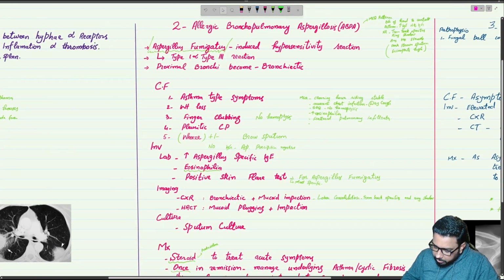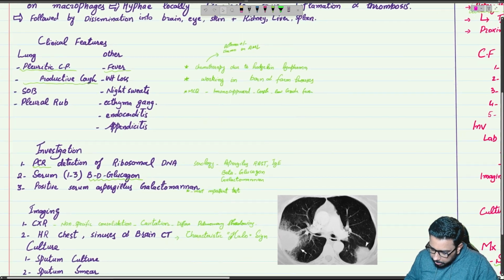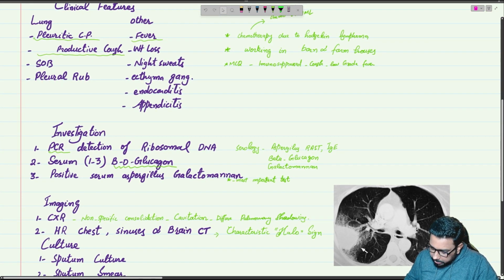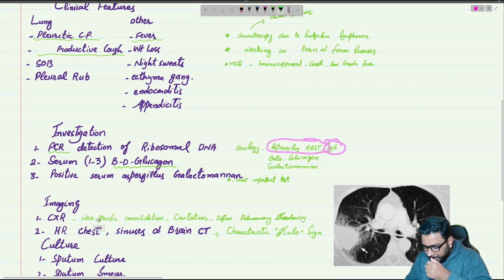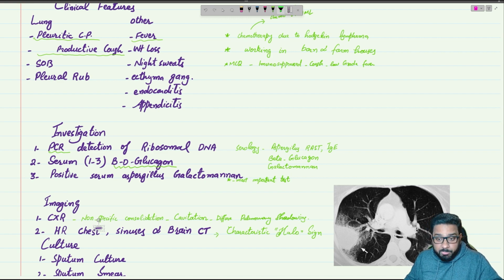IgE will be present in ABPA, and here we can see IgE, but it will not be as prominent. So from investigation point of view, we can remember PCR detection of ribosomal DNA and galactomannan.